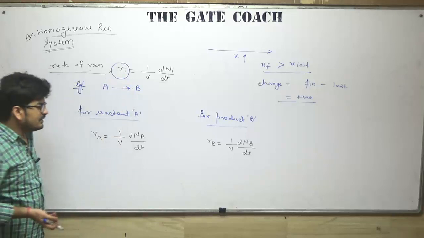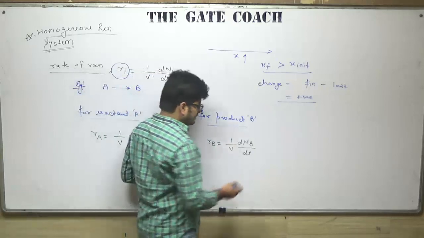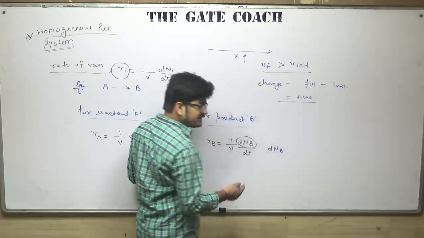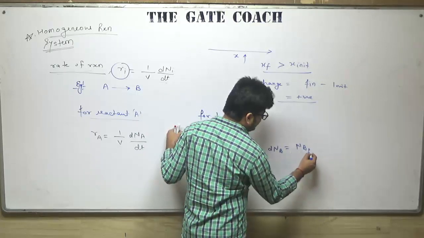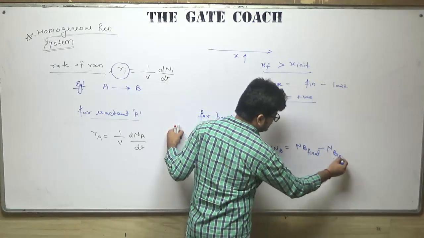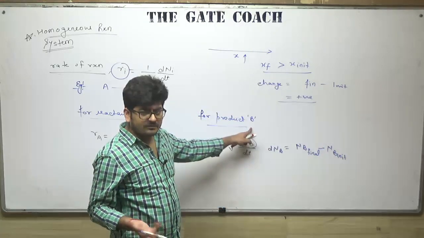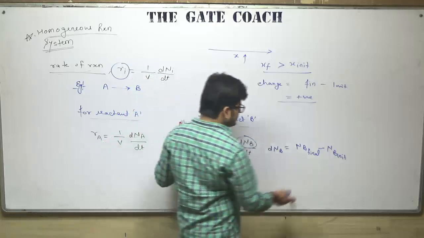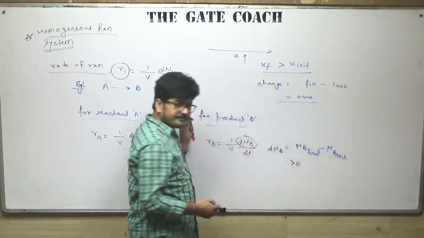Now if I talk about the product, dNb means change in moles of component B, that is product B. Change means final moles of B minus initial moles of B. And as B is the product, the amount of product will increase continuously, so the value of this difference will be positive.